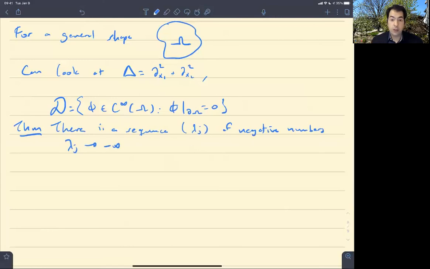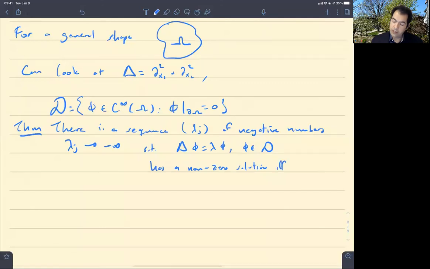So there's no accumulation points in the complex plane, such that Laplacian of phi is equal to lambda phi with phi in D has a non-zero solution if and only if lambda is one of the elements from this sequence.